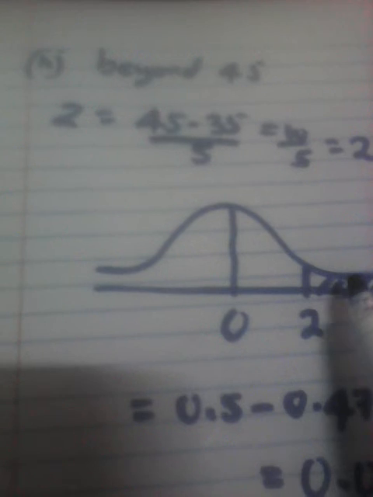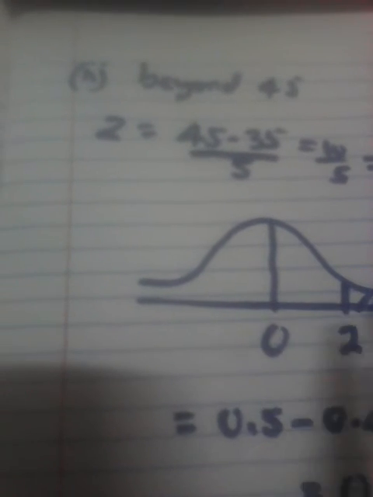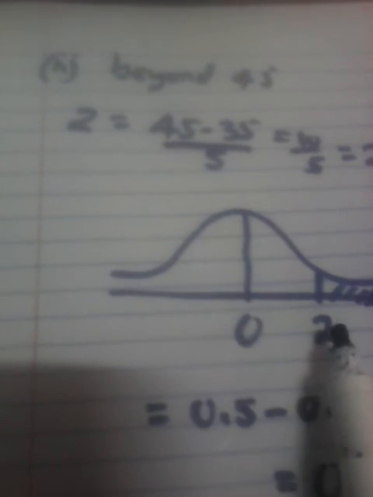Now how do you get that? For the normal distribution, the whole area below the curve is 1. That means that every half is 0.5. So what you do is you get the area between 0 and 2, and then you say 0.5 minus the area you get between 0 and 2.